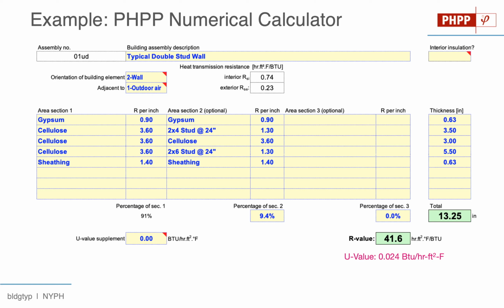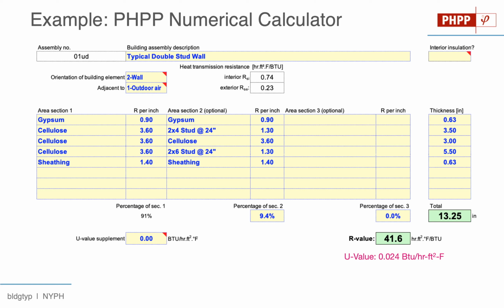So PHPP includes a whole universe of these numerical constructors to allow us to build our catalog of our own assembly types. And what we need to do is describe to PHPP all of the various thicknesses and resistivities and surface film conditions, area weighting factors, etc., for all of the different bits and pieces. And then PHPP is going to take all that, go off and calculate all of that stuff and put all that stuff together for us.